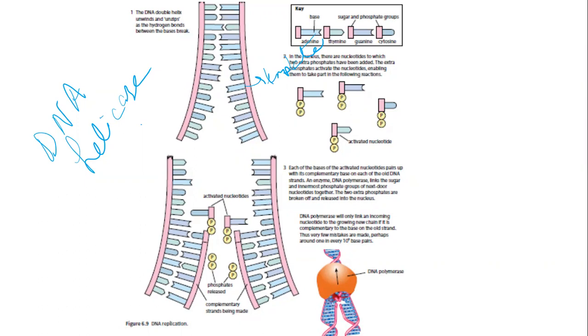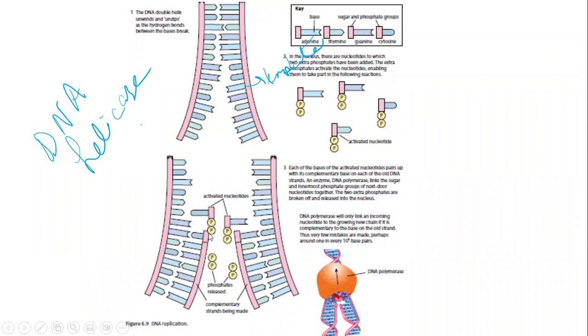After that, what is going to happen? Your activated nucleotides are going to arrange on top of each other depending upon complementary base pairing. As they arrange, the extra phosphate group is going to be released, and your phosphodiester bond is going to be made.